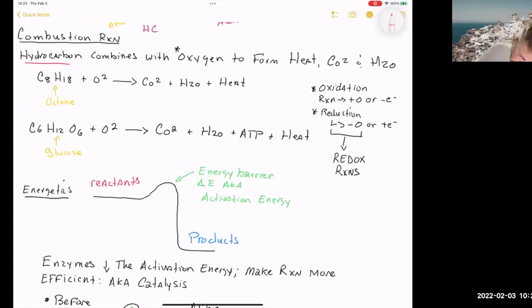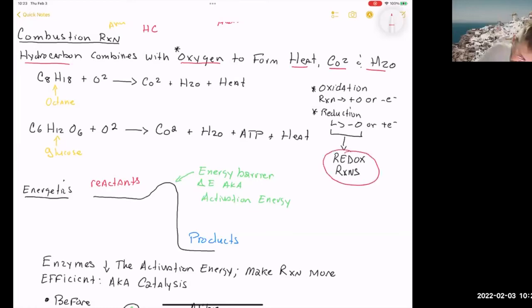When a hydrocarbon combines with oxygen to form heat, carbon dioxide, and water, that is what we call combustion. And these belong to a large group of reactions we refer to as redox reactions.